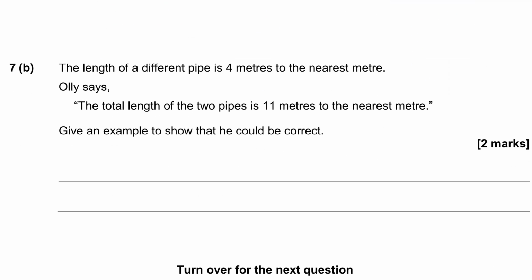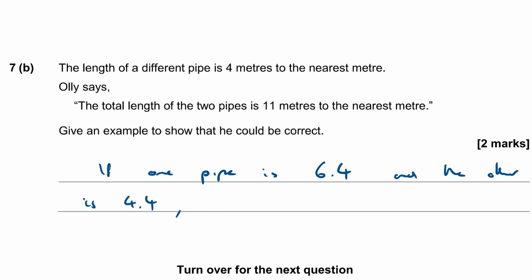So let's say one pipe is up towards the upper end of that range, 6.4, and the other, well, it could be 4.4, couldn't it?